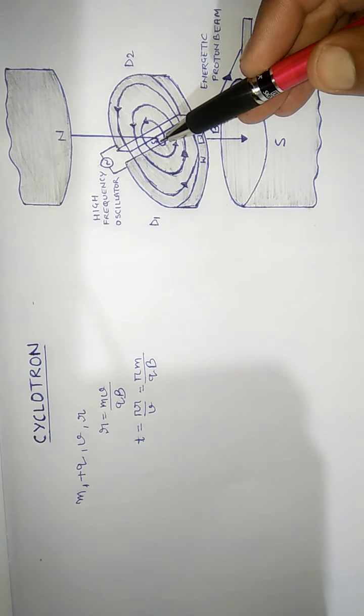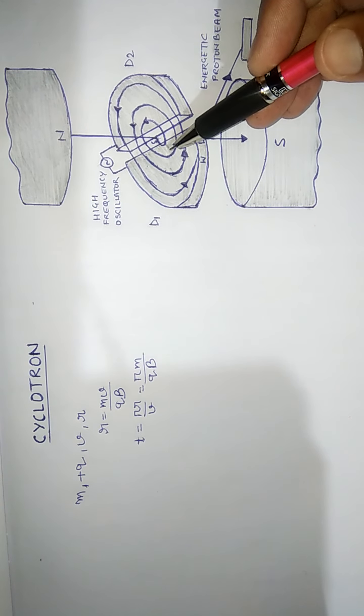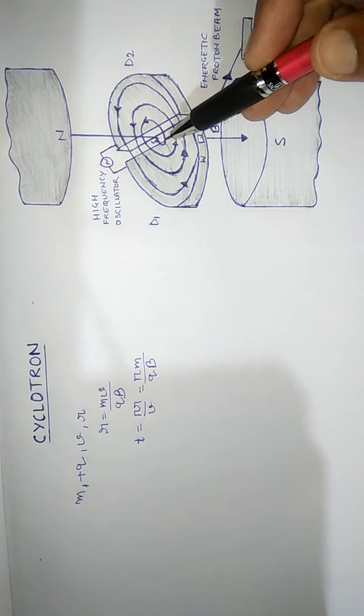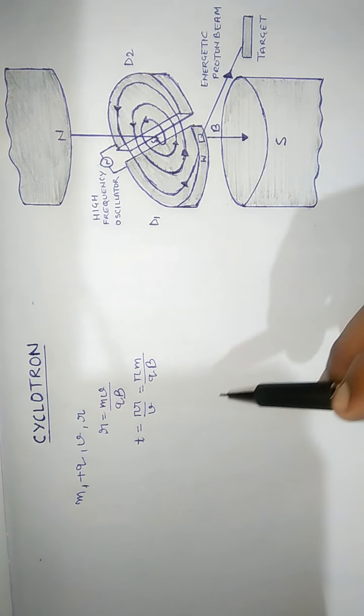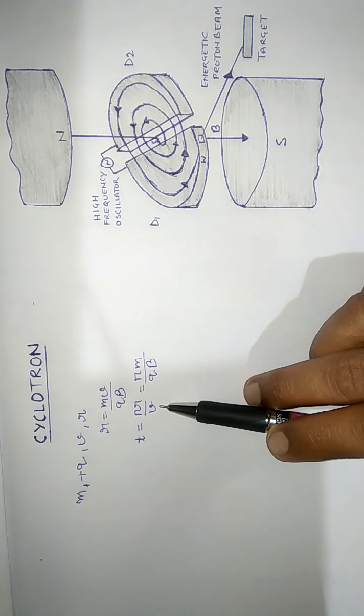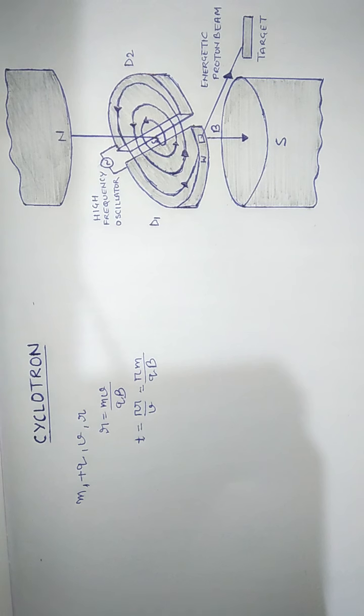Now the time required to complete a semicircle is given by t = πr/v, which equals πm/qB.